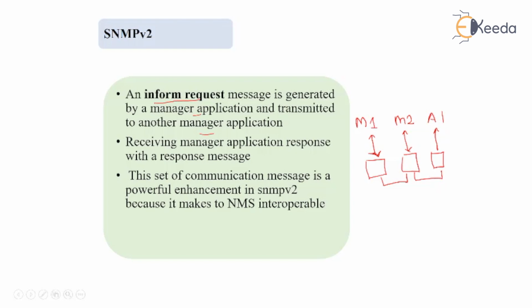NMS means Network Management System, or indirectly this is nothing but the manager. So the communication establishment between multiple managers can be done with the help of the SNMP V2 architecture, and for that purpose we must use the inform request, which is bidirectional. This is very important, and it can be sent only from manager to manager.